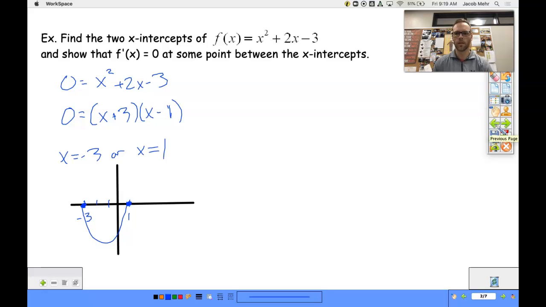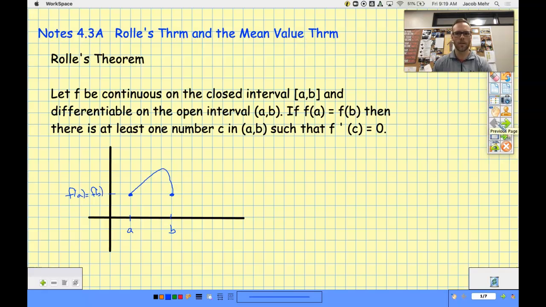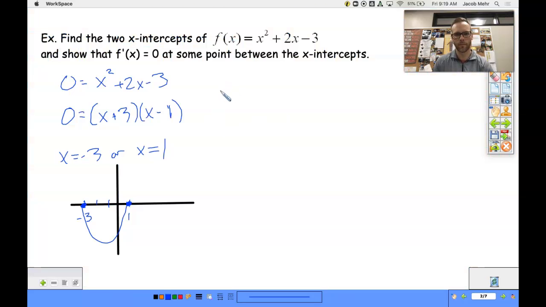So let's set this up here. So let's say this. F of x is a quadratic.